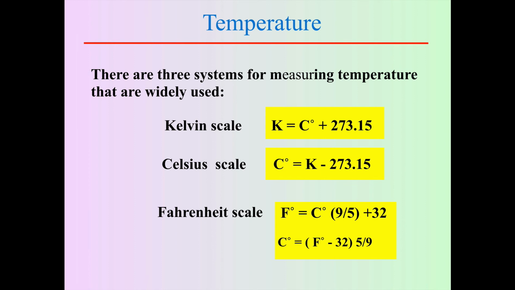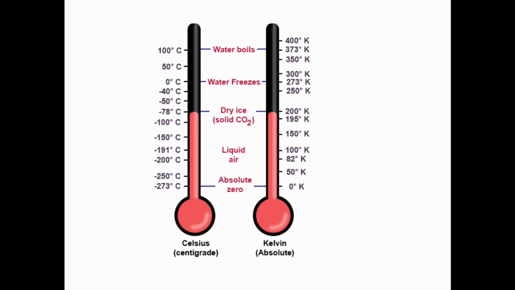And the only difference between them is where you start. The Celsius scale is based off of water, right? So water freezes at 0 degrees Celsius. So there's still a lot of Kelvin energy in that water. So there are 273 Kelvin in 0 degrees Celsius. Looking at the Celsius scale, water boils at 100 degrees Celsius.